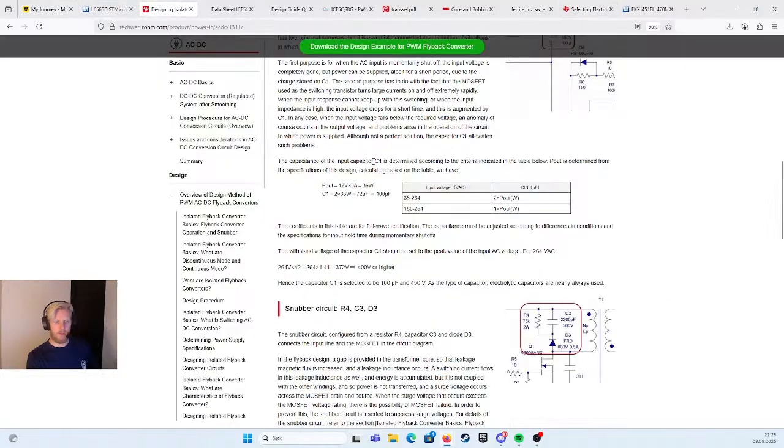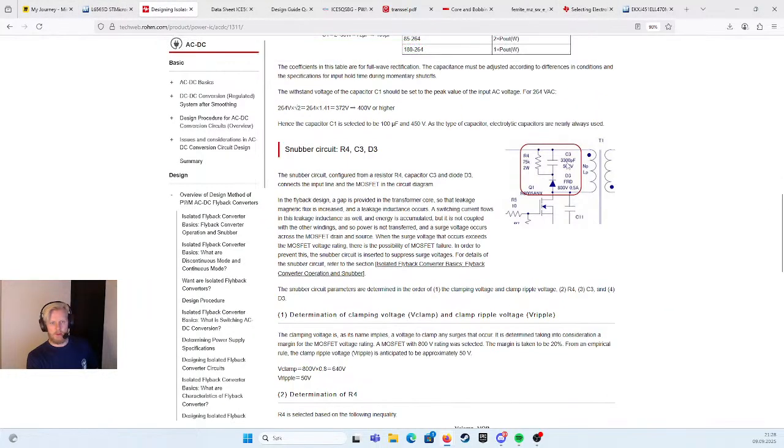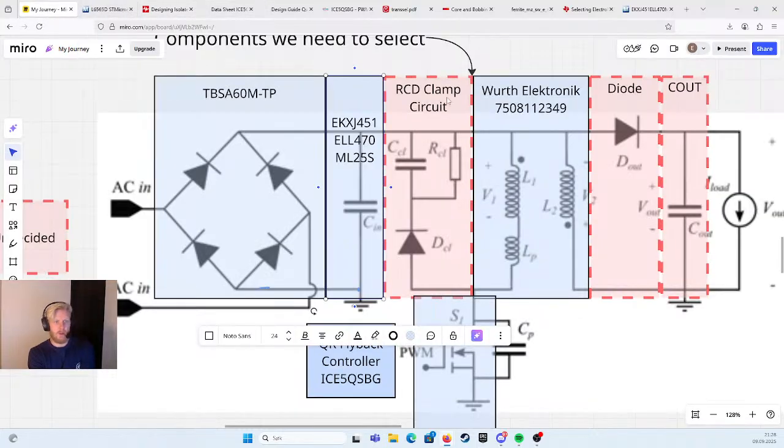And according to the next step, that's the snubber circuit or the RCD clamp, which I've written here, RCD clamp circuit, which is the diode, the capacitor, and the resistor.